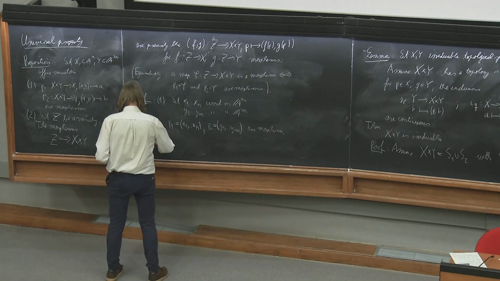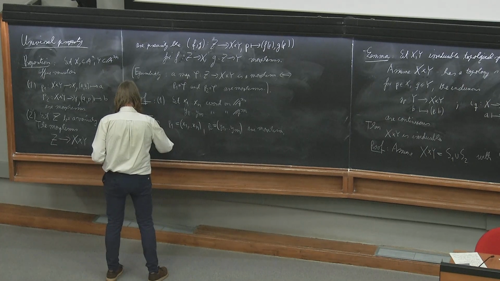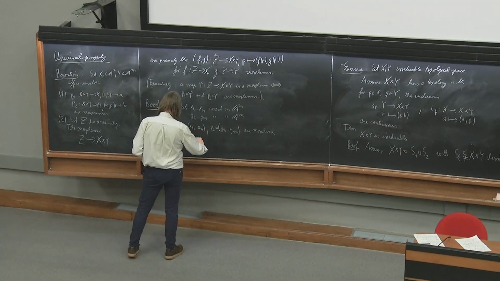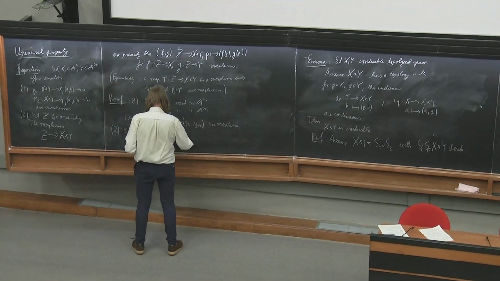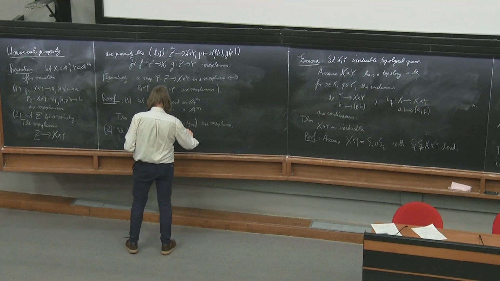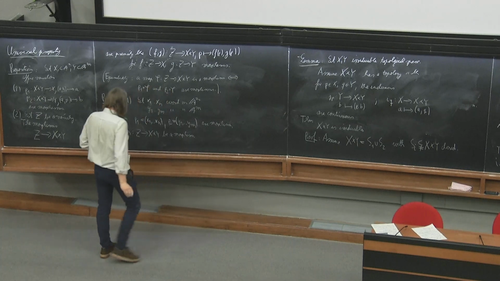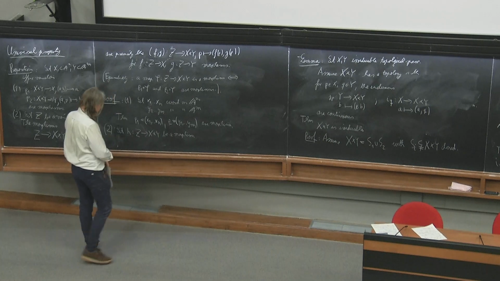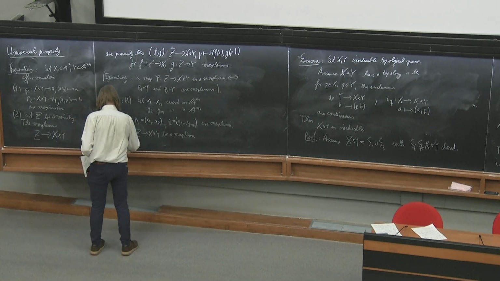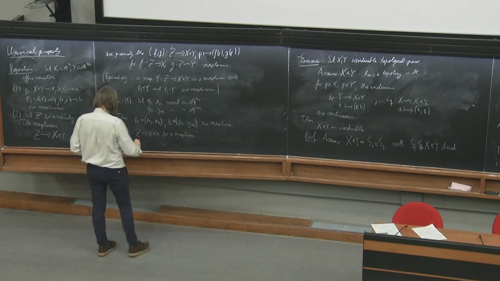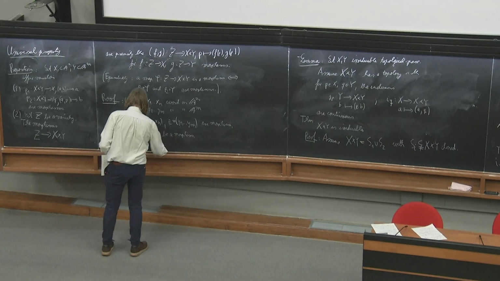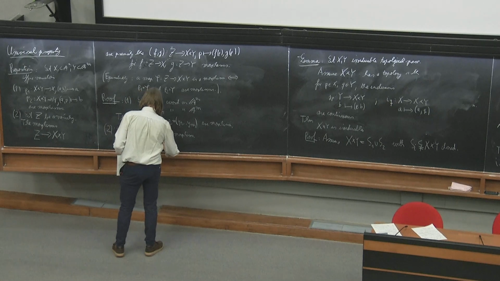So let's take a morphism H from some variety Z to X times Y. Then I can just compose this with the projection to X and to Y. So let F be P1 composed with H and G be P2 composed with H.